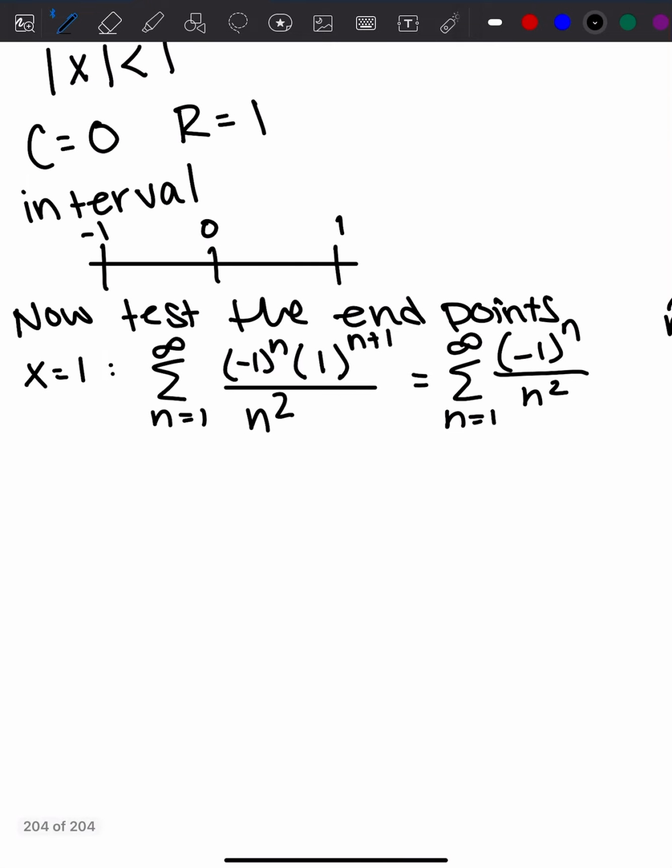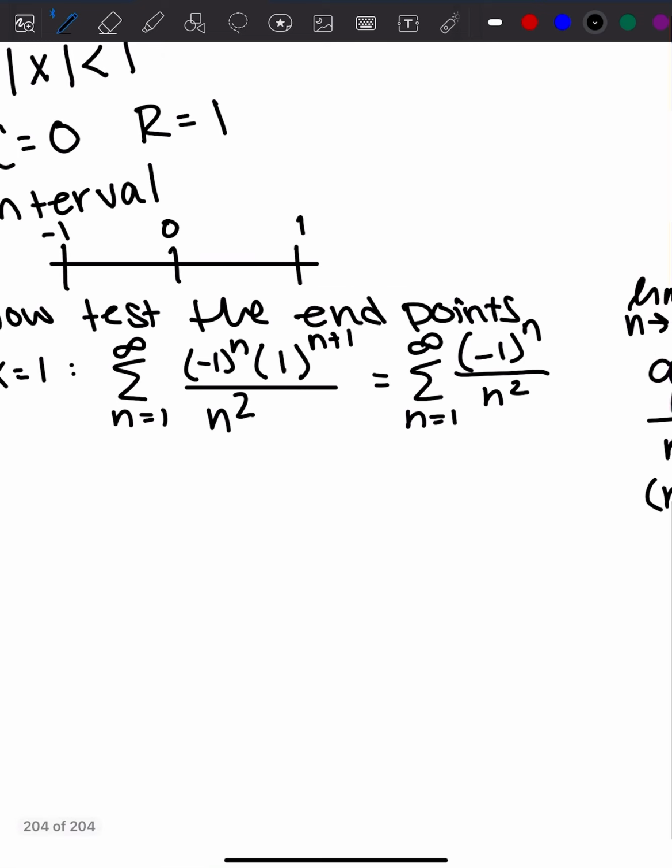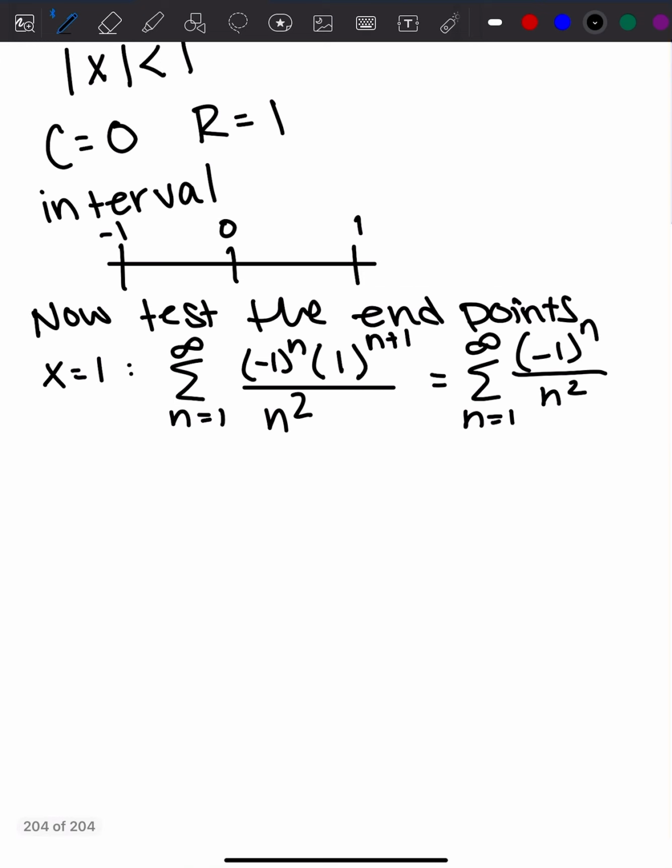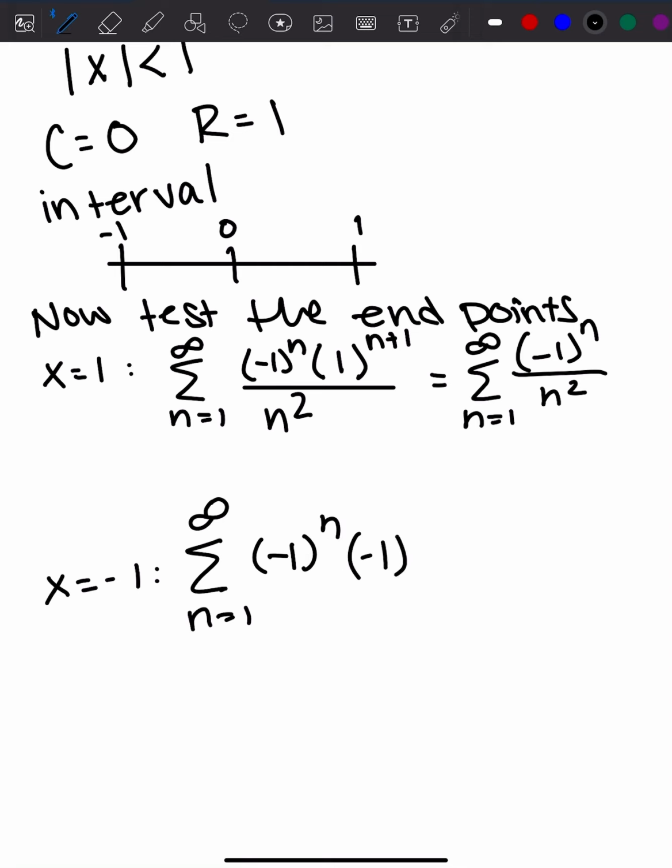The next thing that we might want to check is negative 1. So we're going to check what's going on when x is equal to negative 1. We have the summation from n equals 1 to infinity of negative 1 to the n times negative 1 to the n plus 1, divided by n squared.